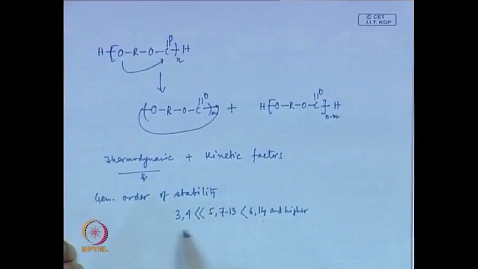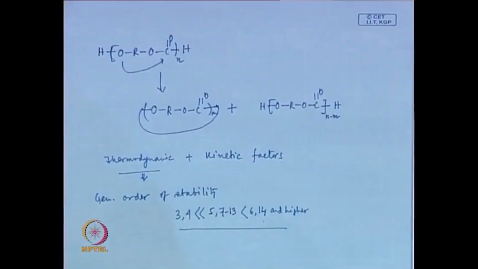Now, this trend is valid not only for rings having only carbon atoms in the ring, but is also valid for rings where you have heteroatoms, for example ethers or esters or amides as well. This is true for almost every possible ring.